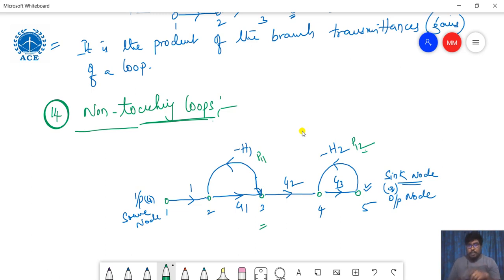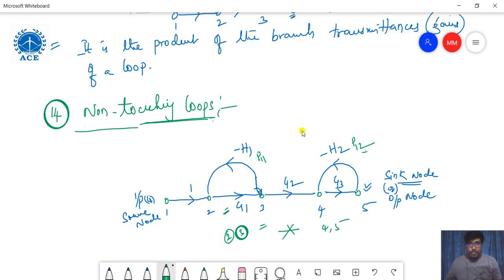But this particular loop is connected with nodes 2 and 3, and this one is connected with nodes 3 and 5. So they don't have any common node here, therefore these are the non-touching loops.